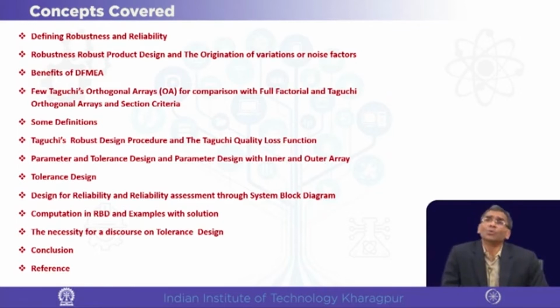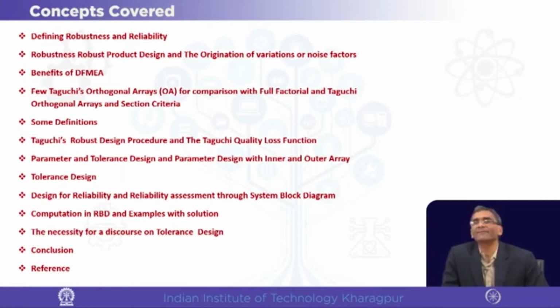So, we would know what is robust design, how it is different from the rugged design, and what is the special purpose of it. Then we would discuss that robust design has two pathways. One is the FMEA pathway, the failure mode and effect analysis, which has two subcomponents.